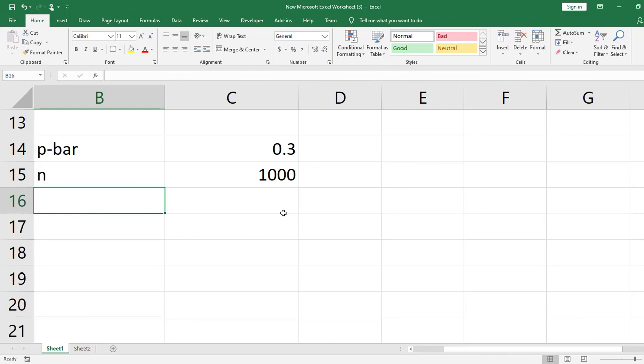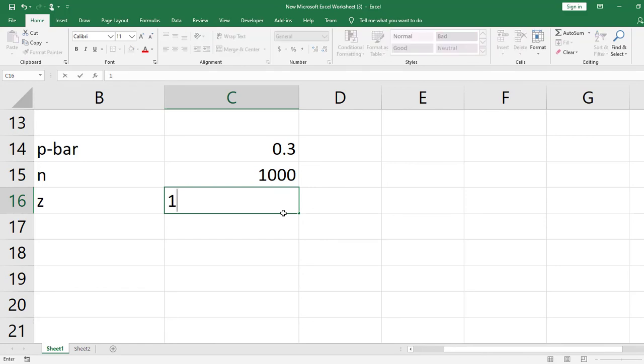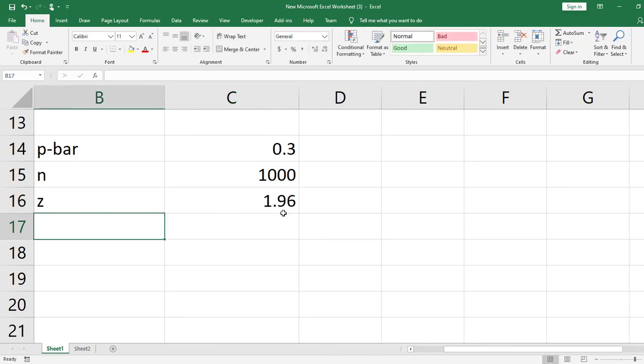And let's get a z-value at 95% confidence. So at 95% confidence, what is our z-value? That would be our alpha, 0.05 is our alpha. What is our z-value? 1.96.